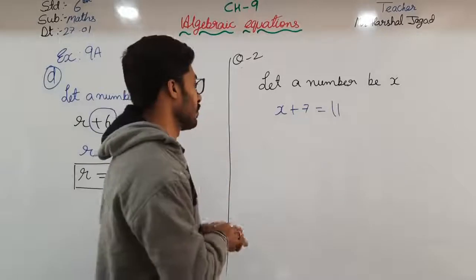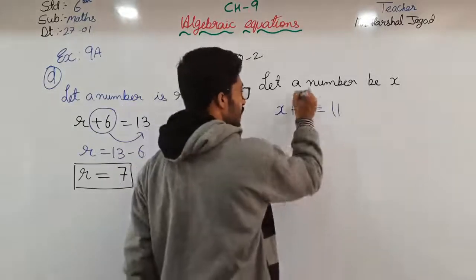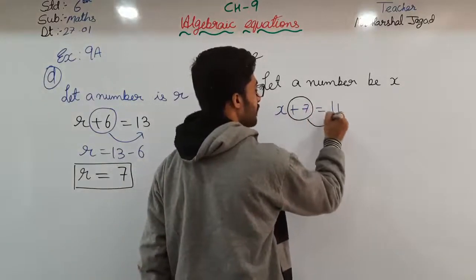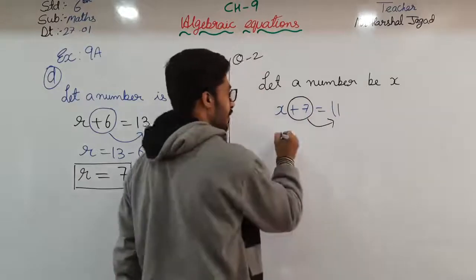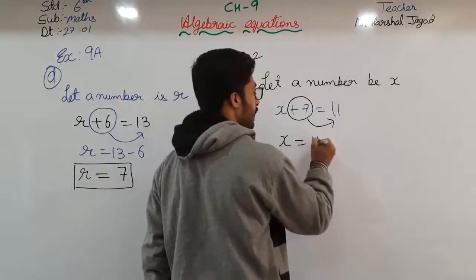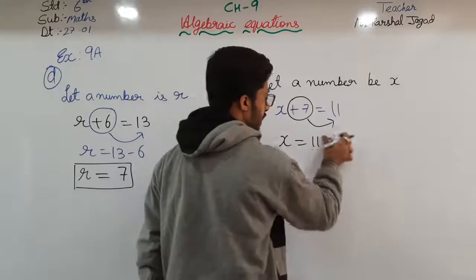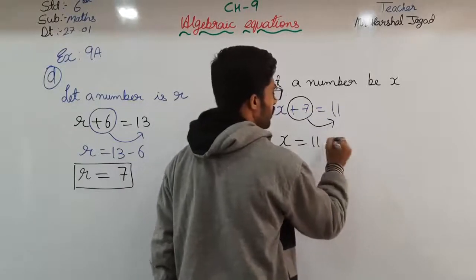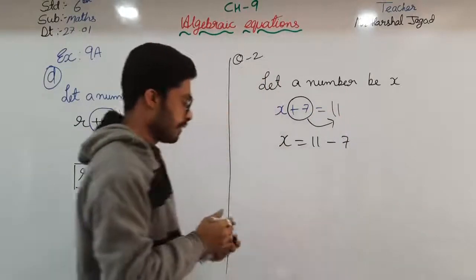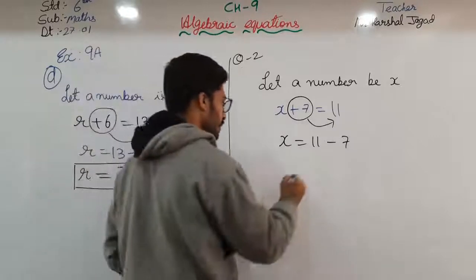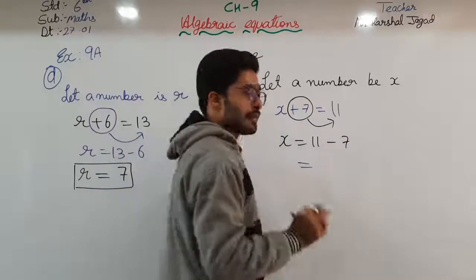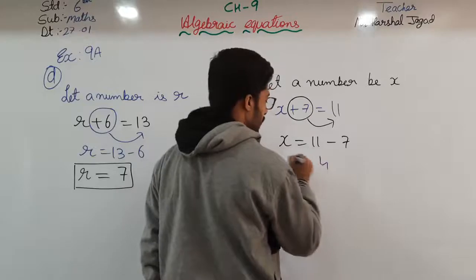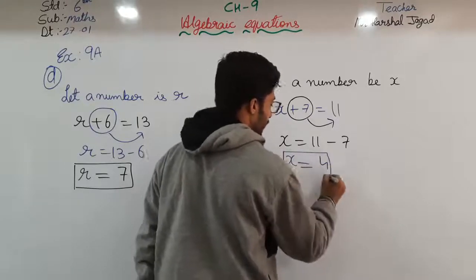Okay students, so if I take this plus 7 towards that side, then it will become minus. So x is equal to 11 minus 7. Okay, so 11 minus 7, that is 4. So the x value we get is 4.